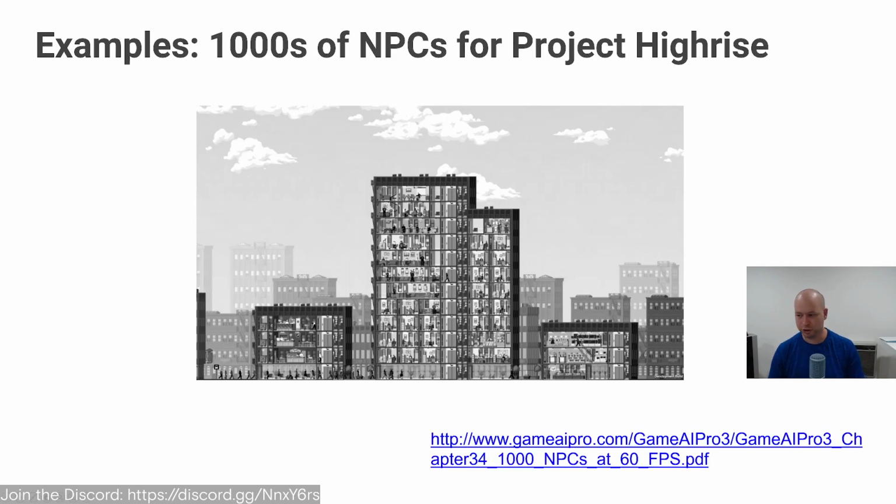In a more traditional way, I'd encourage you all to check out this really great paper written by the creators of Project High-Rise, which talks about how in this game they actually simulated up to 1,000 NPCs. This was done in a really simplistic way, with what's called a behavioral tree.